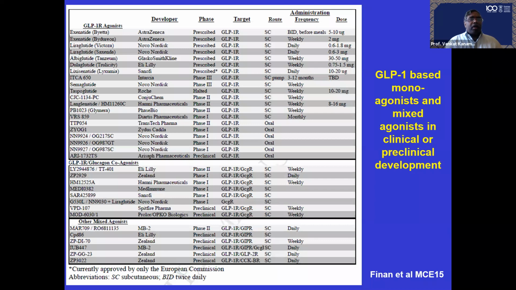Because of the huge population and the need for regular treatment, many pharmaceutical companies are working on developing various forms of GLP-1 mimetics, which mainly work on the GLP-1 receptor. As you can see, there are AstraZeneca, Novo Nordisk, GSK, Eli Lilly, Sanofi, Roche, and many other big pharmaceutical companies working because it's an important area for drug development.